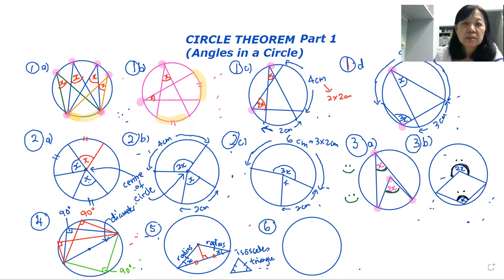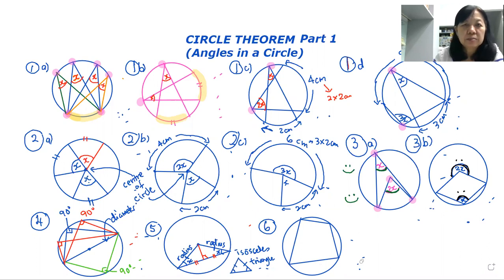Next one, number 6. Number 6 is a cyclic quadrilateral. What's a cyclic quadrilateral? A quadrilateral means a polygon with 4 sides: 1, 2, 3, 4 sides. And what is a cyclic quadrilateral?